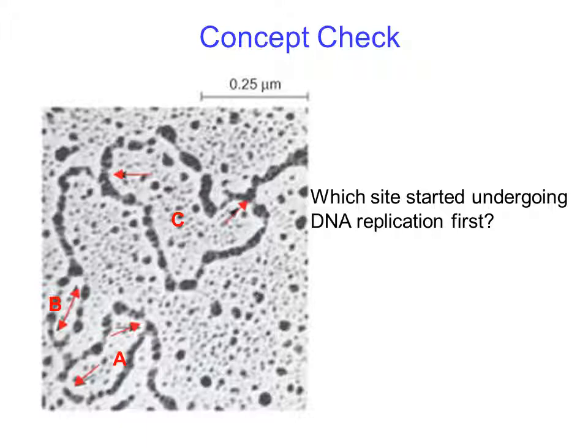Site A, site B, or site C? Take a second to answer that question. Hopefully you concluded that site C is where DNA replication began. This is the largest of the three bubbles, hence DNA replication has been going on the longest at that particular site.